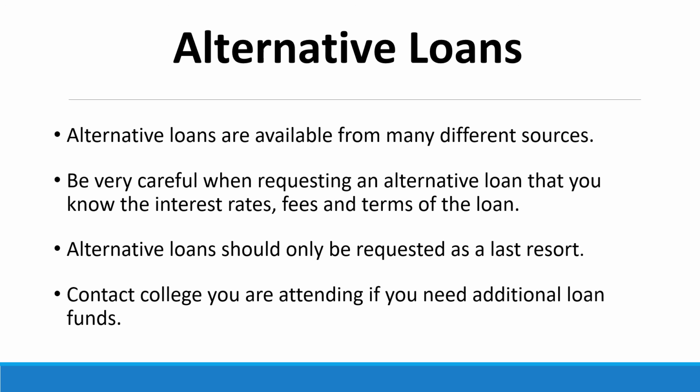The funds are paid directly to the school, so you're guaranteed your student's tuition will be paid, and they defer payment until after the student graduates. So be sure, if you need additional loan funds, you reach out to the college where your student is attending, and you can get a list of those student loans that your student could apply for.